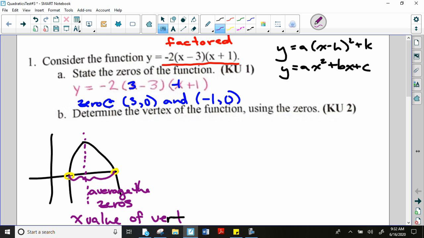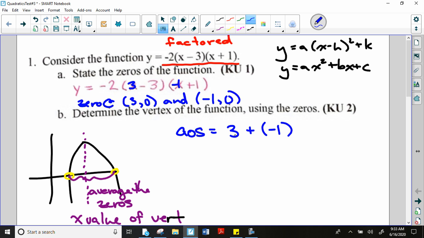Okay, so I'm going to find the average of those. How do we take the average of something? You add the numbers together and divide by however many numbers there are. For us, we only have two zeros. I always get the students to write this as the axis of symmetry because that's essentially what you're finding. X equals the two zeros added together. One of the zeros was a 3. The other one was a -1.